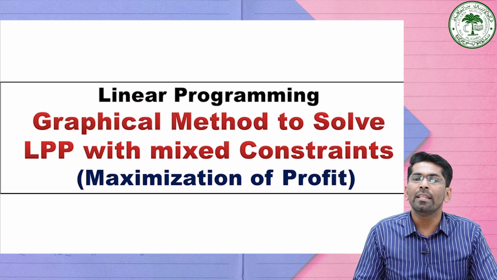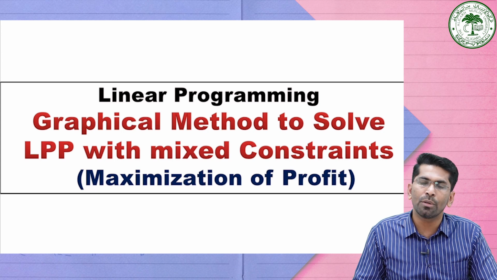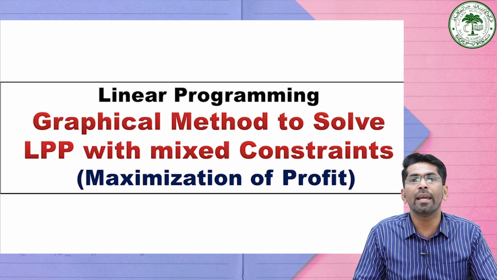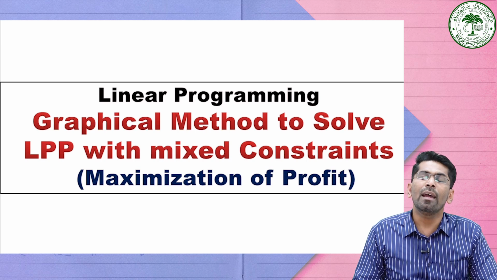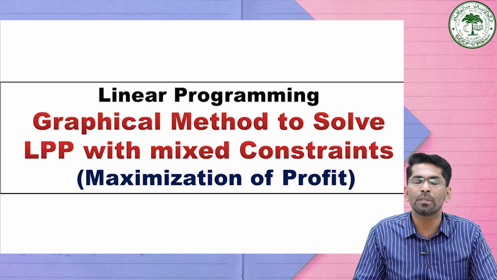That means the constraints for the maximization problem all involved inequalities in the form of less than or equal to. At the same time, for the minimization problems, all the involved inequalities are greater than or equal to.